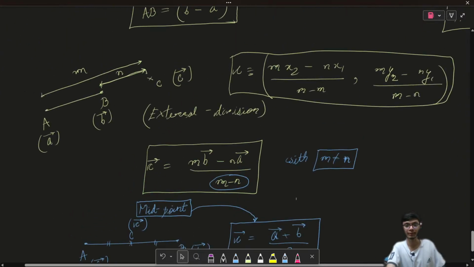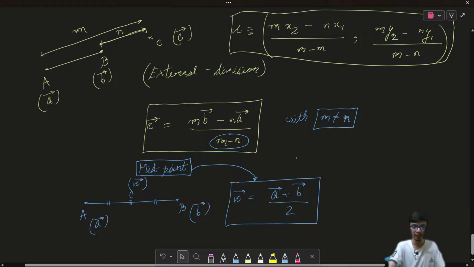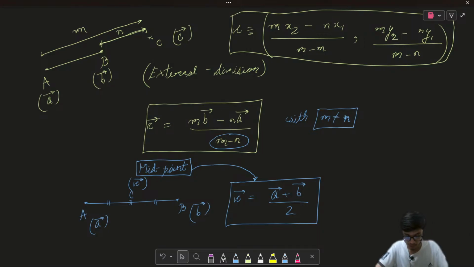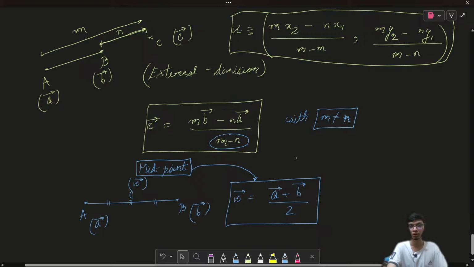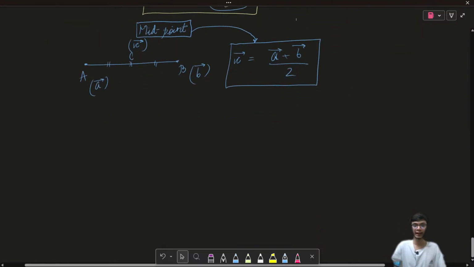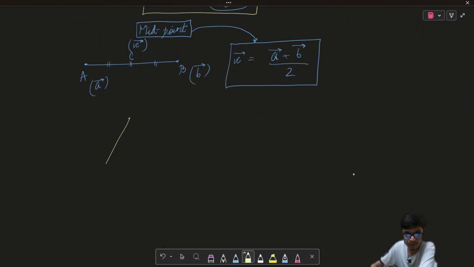All right. So this is the result for finding the position vector of any point on a vector or line segment that is divided in certain ratios. I hope this is clear to all of you. And with this, you can also get another expression.